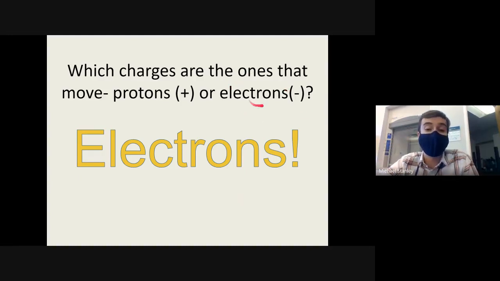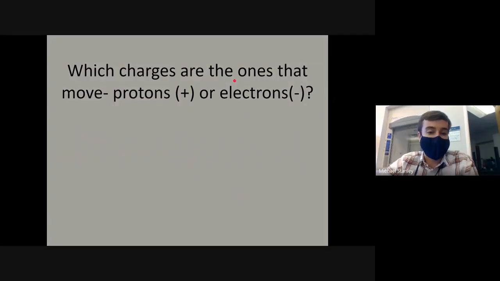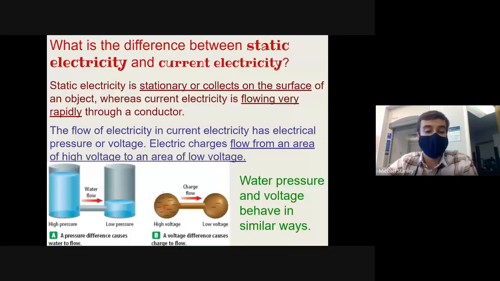These electrons move along some sort of conductor, usually some sort of wire or wiring. So that's what all the little minus signs in this picture down here represent. These are our little electrons that are moving from place to place.